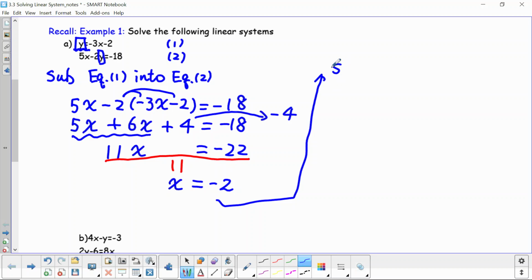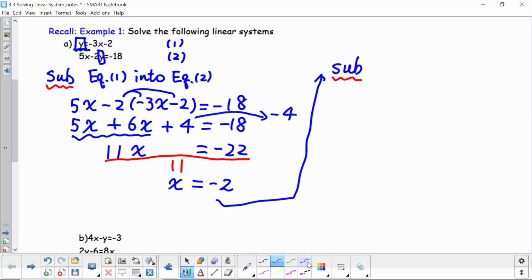Substitution needs two steps. One is to substitute one variable's equivalent into another equation to get rid of that variable.